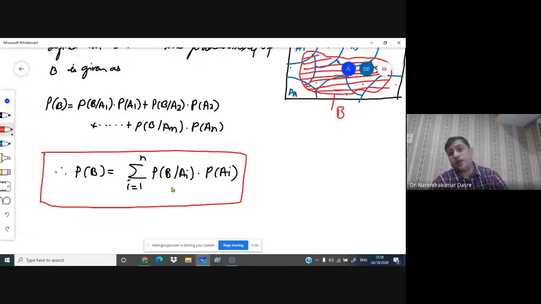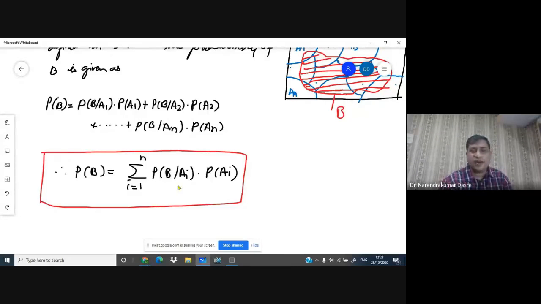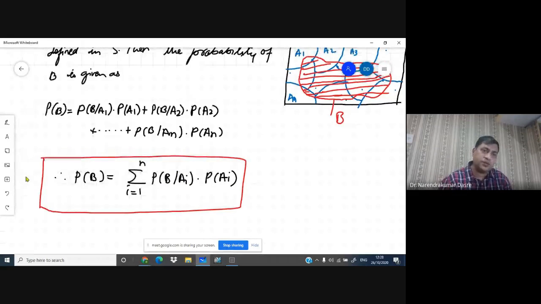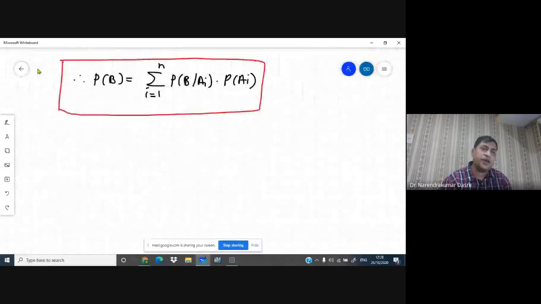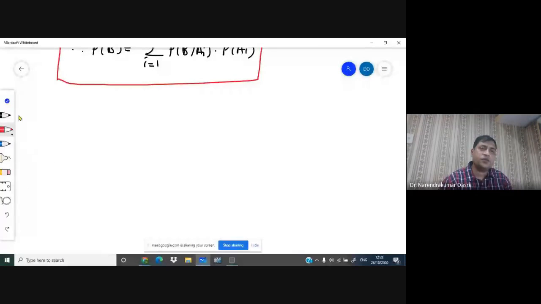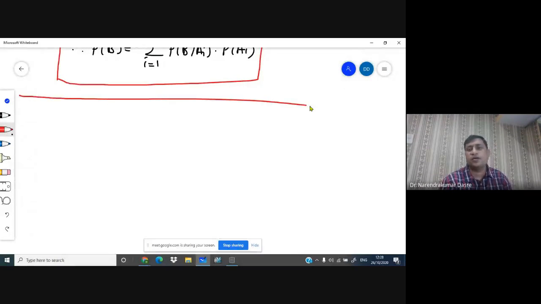Okay, and now the other way around, if I want to find the conditional probability of AN over B, then what I have to do? If I want to find the probability of AI on B, for example, the conditional probability of AI on B, for that we need the Bayes theorem.